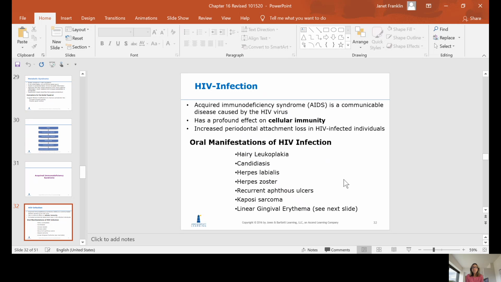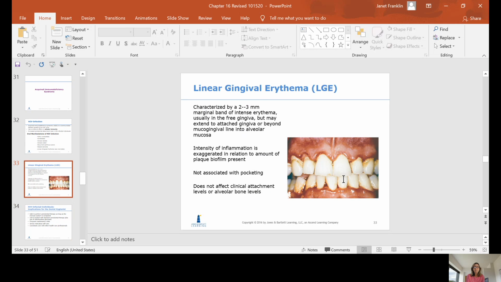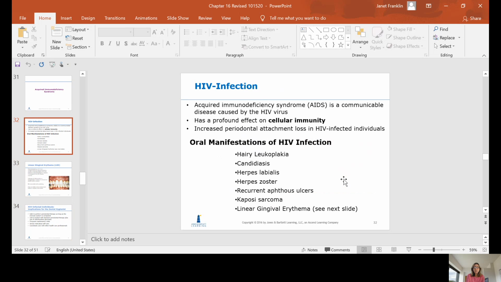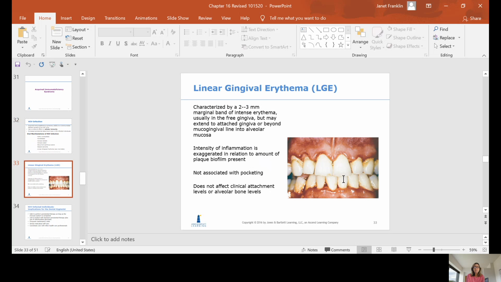Oral manifestations, there are several of them listed here. Most of these you're going to talk about more extensively in oral path, so I'm not going to get into them too much here, but just be aware that there are these oral manifestations in patients that have HIV infection. This is a picture of that last one, linear gingival erythema. So it's basically a marginal band of intense erythema associated with HIV infection.